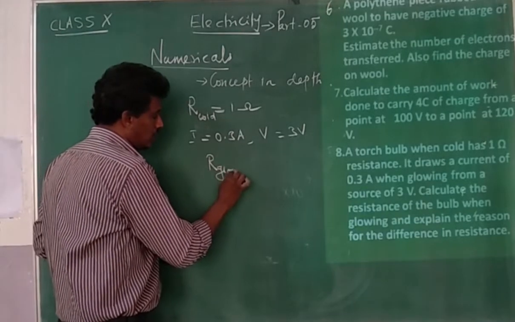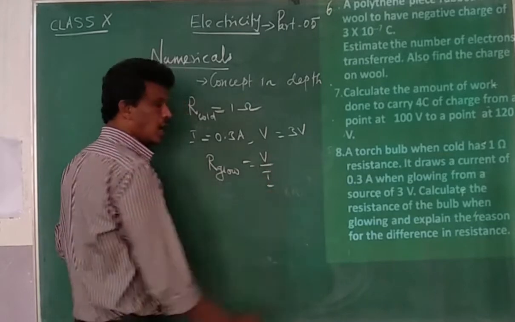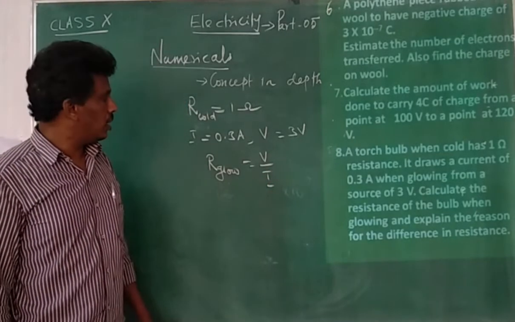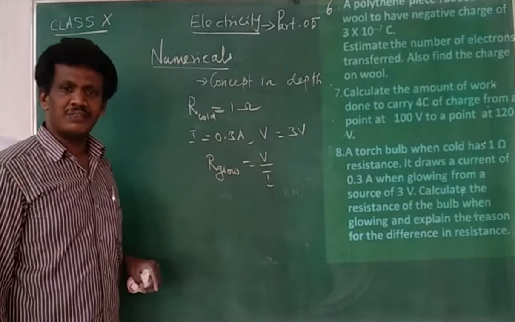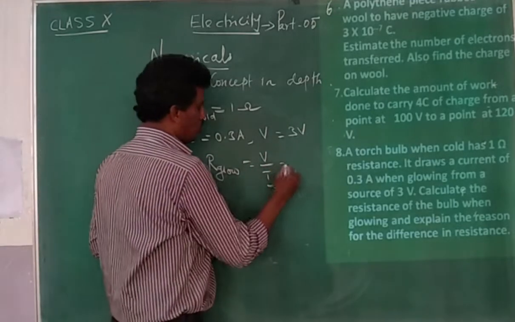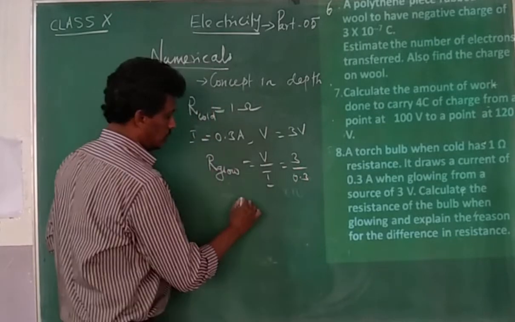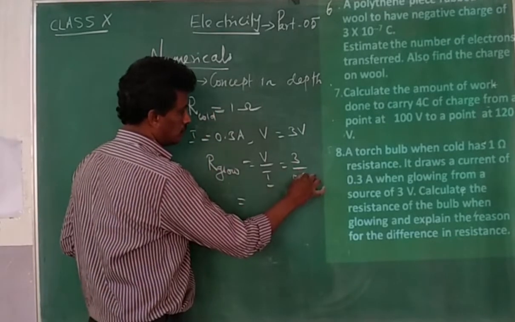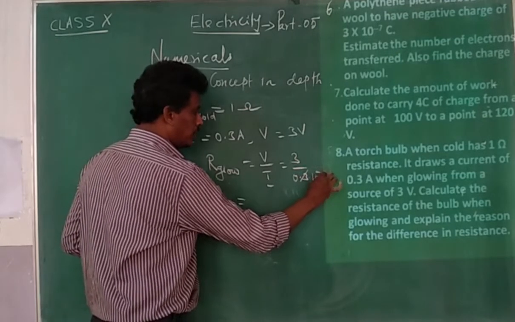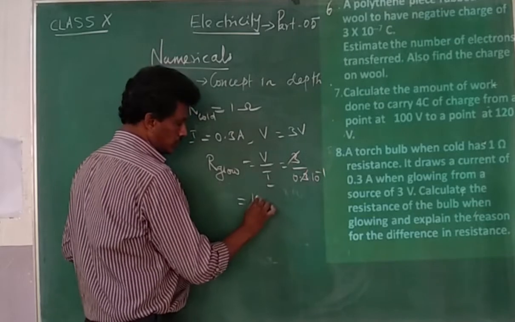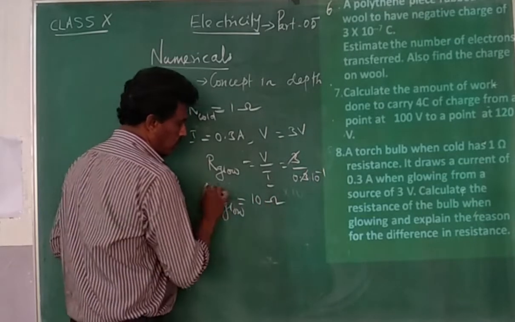When it is glowing, what is the basic formula? V by I. What is V? Potential difference applied. I is the current. Ohm's law, V equal to IR. So what are you getting? V is 3, here 0.3. So what will come? 10 ohm when glowing.